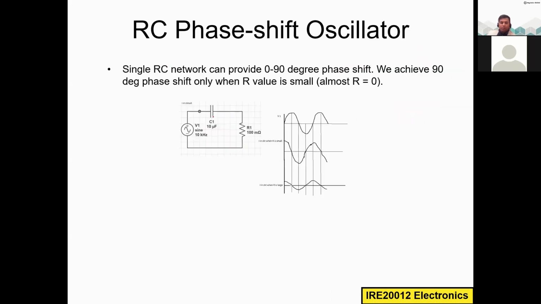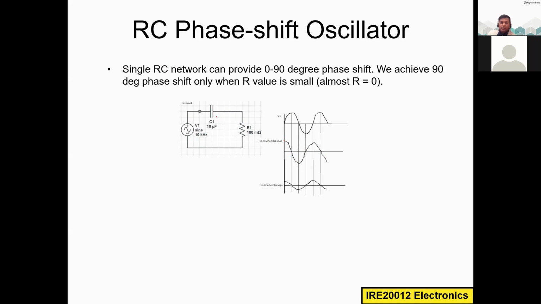If we take a single capacitor and single resistor, connect them together, and apply some input voltage, for example V1, at the output what am I getting? I am getting a 90 degree phase shift. Here you can see the phase got changed, it's starting from here, so 90 degrees got shifted at the output.